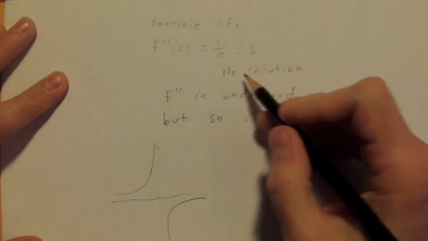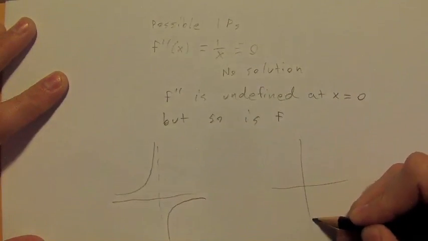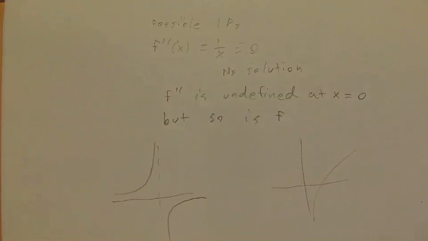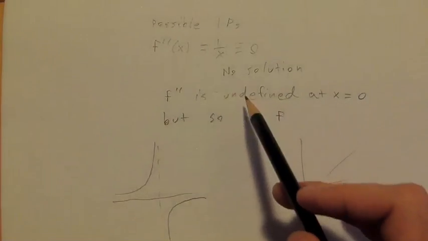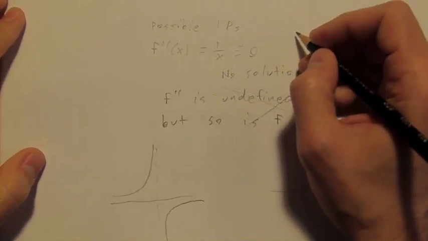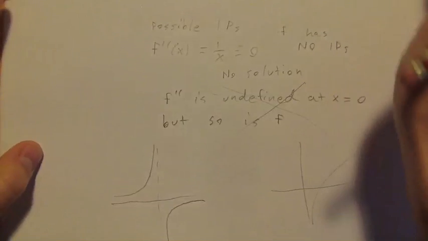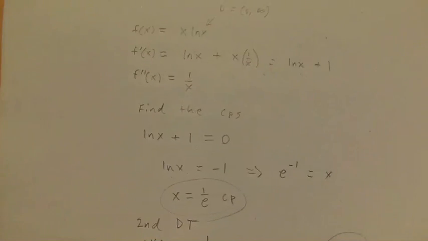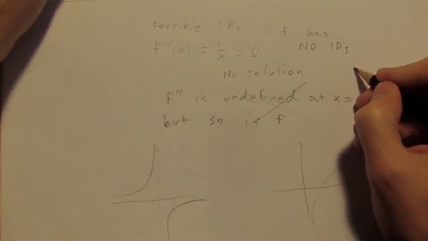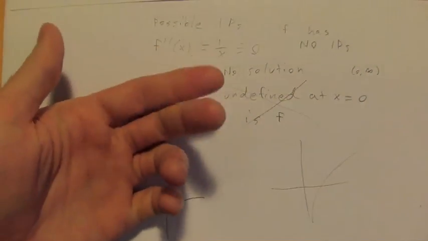So you can change inflection at a point where a function does not exist. But in this case, f doesn't exist to the left of 0. I mean, it's acting something like this. So there's nothing over here. So there's nothing to change from on that side, essentially. Okay, so we don't actually have to worry about 0. So basically, f has no inflection points, right? Which is definitely possible. All this just means is that we are looking from 0 to infinity, that's the domain, and 1 over x is always going to be positive on that domain.